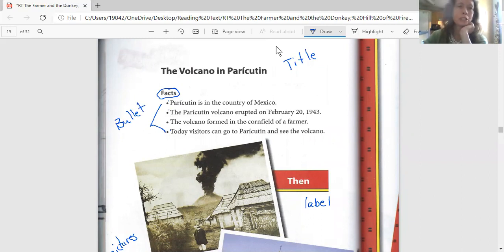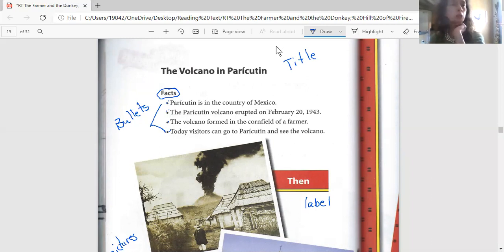Those are called bullets. Those are marks that you make in your text to show your reader that you've got just some important pieces of information. Usually they're short. They're not a whole story. They're short pieces of information. Okay?